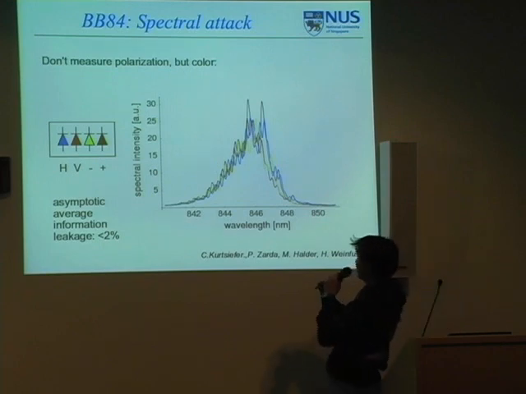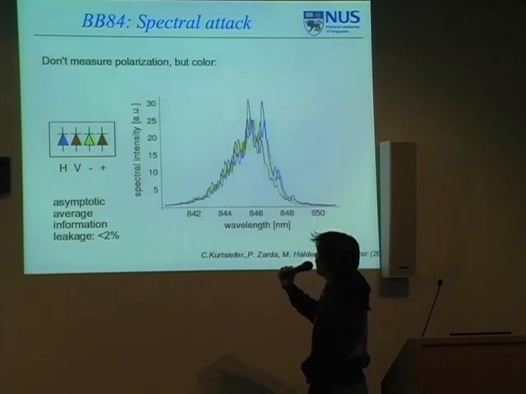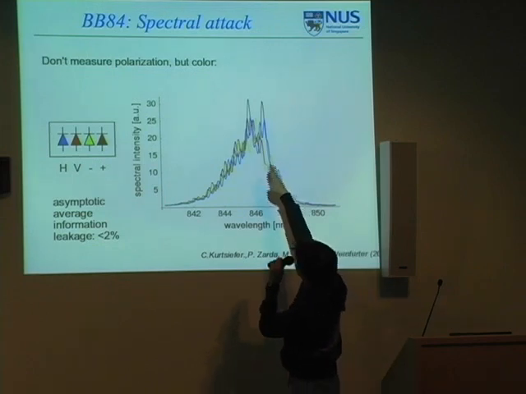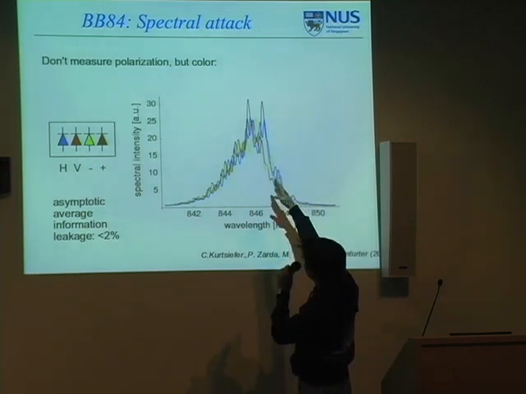What you're seeing here is a measurement of the optical spectrum of 4 laser diodes used in a quantum key distribution experiment. And you can see that the peaks are all slightly different.